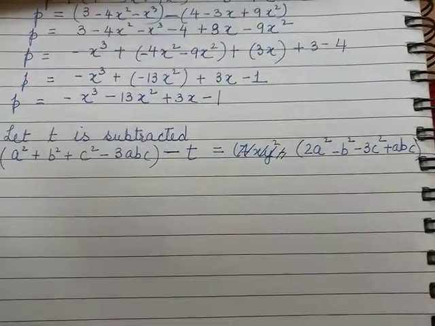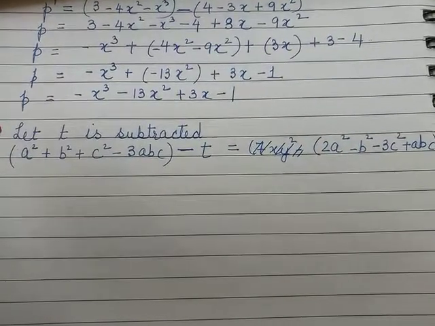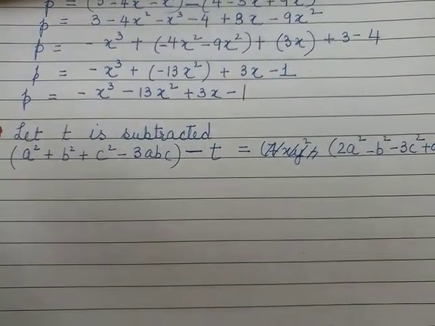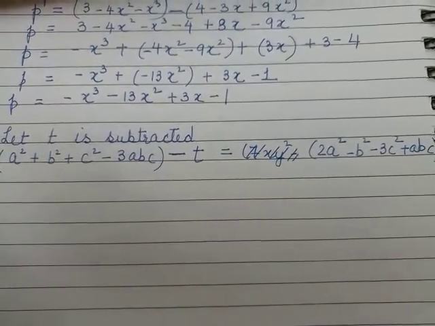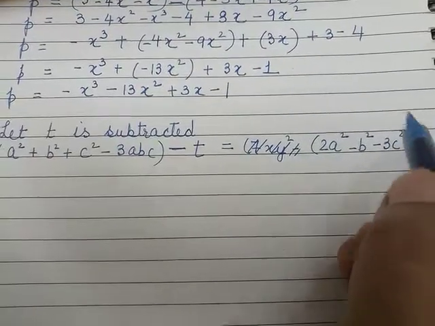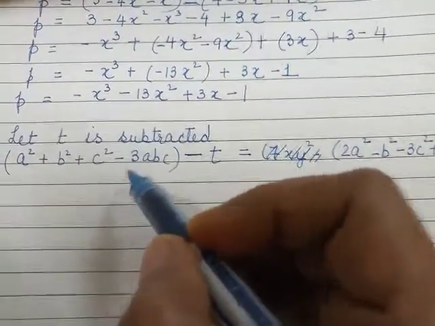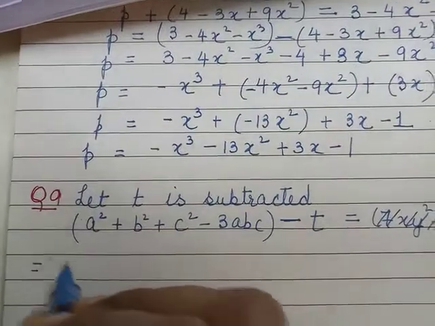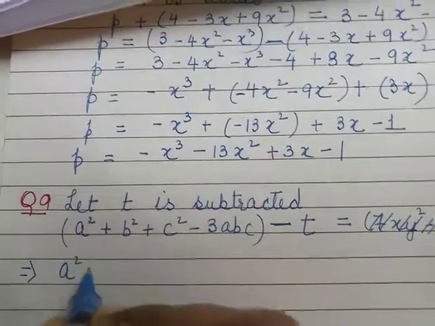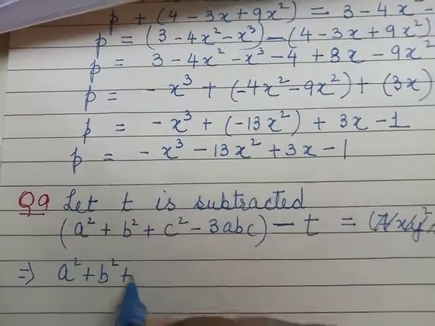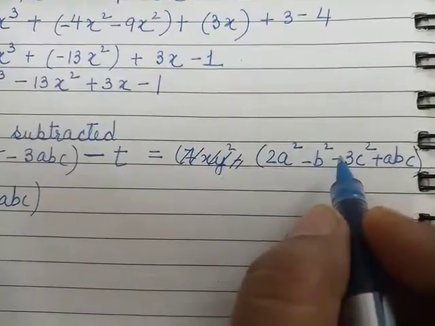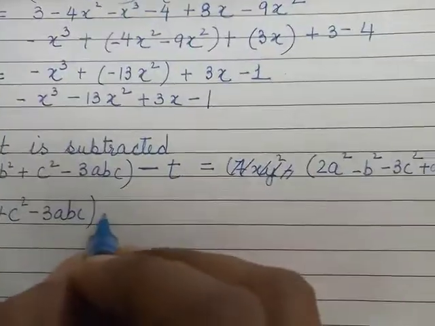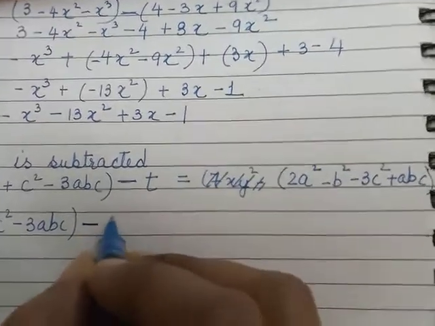Now we are looking for the value of t. So I transpose t on the right side and 2a square minus b square minus 3c square plus abc on the left side. So what do I do? a square plus b square plus c square minus 3abc, and I transpose this right side part on the left side with a subtraction sign, that is minus.